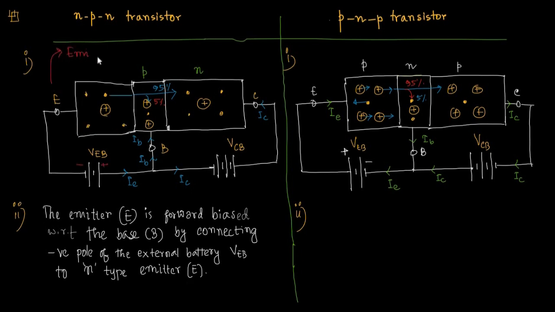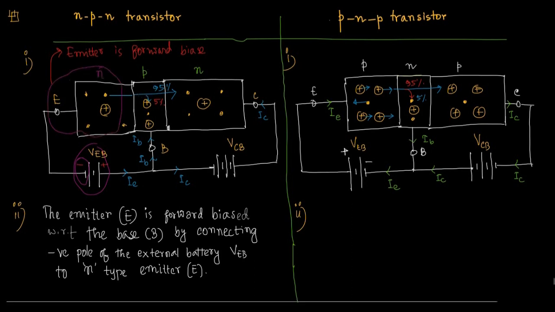Here n-type emitter is forward biased by connecting this negative pole of the battery VEB to n-type emitter for having the forward biasing of the emitter with respect to base.